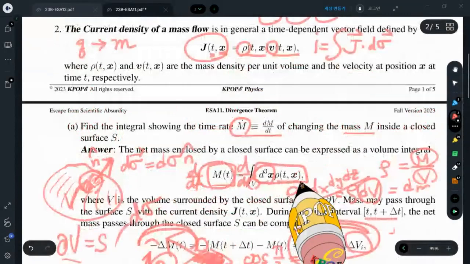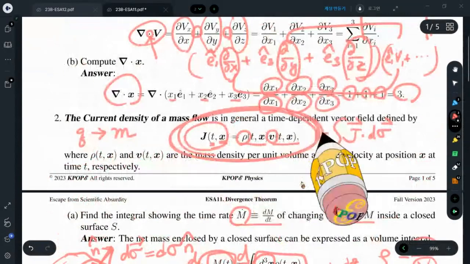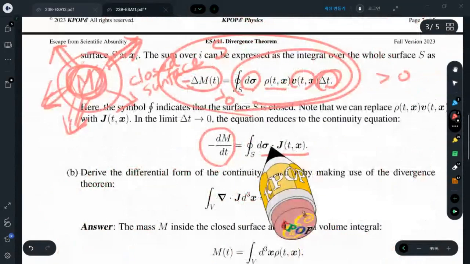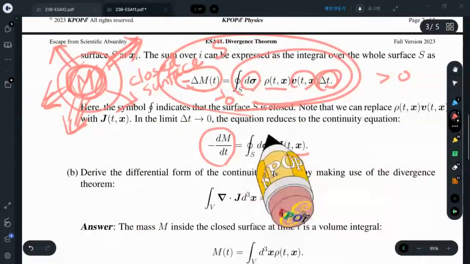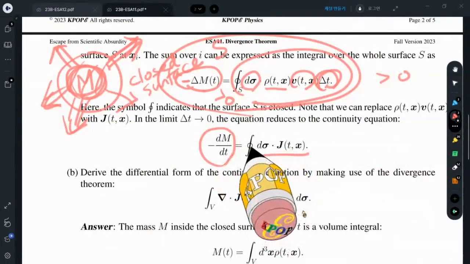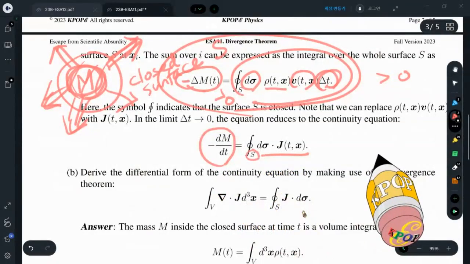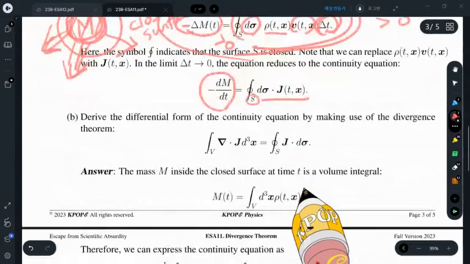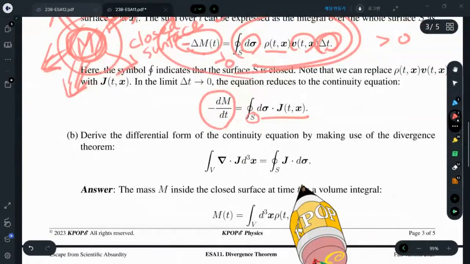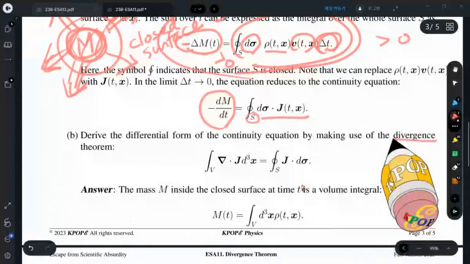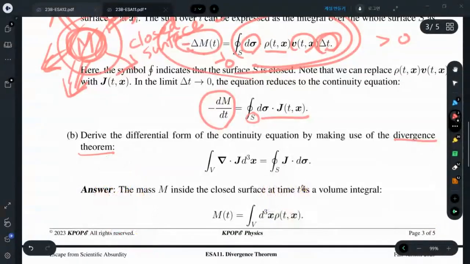Rho v is defined by the current density. So current density dot infinitesimal surface area vector, integrated over the closed surface. And then we make use of the divergence theorem.